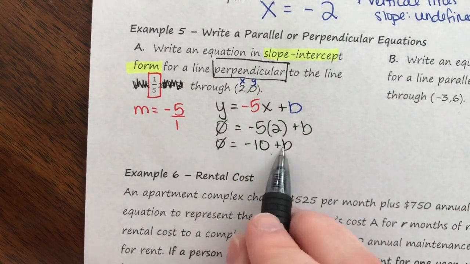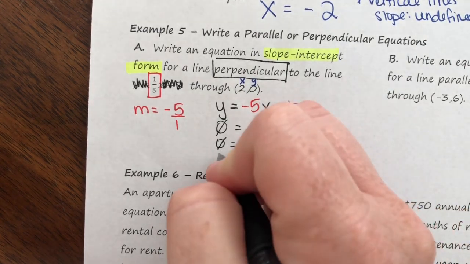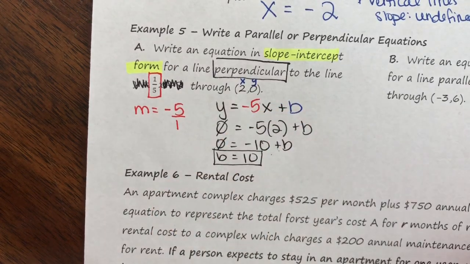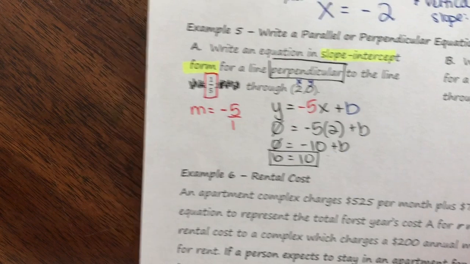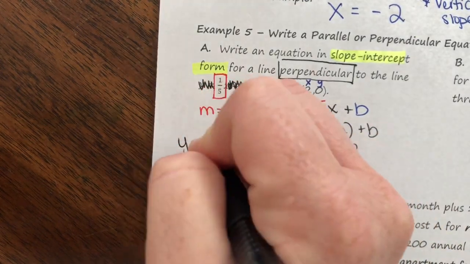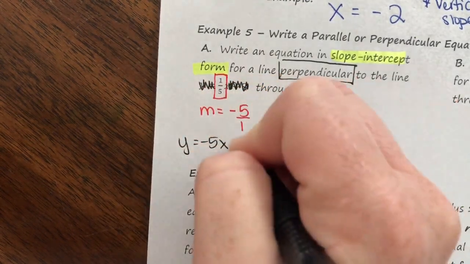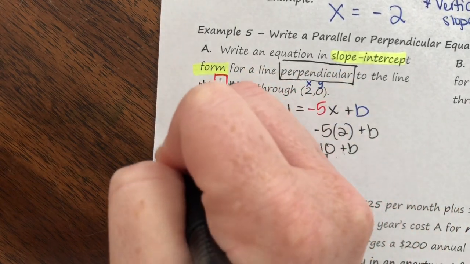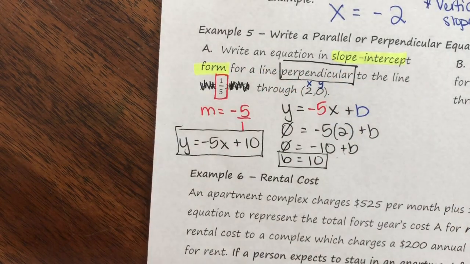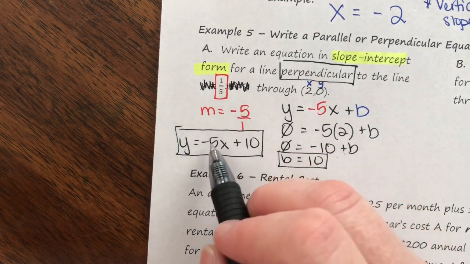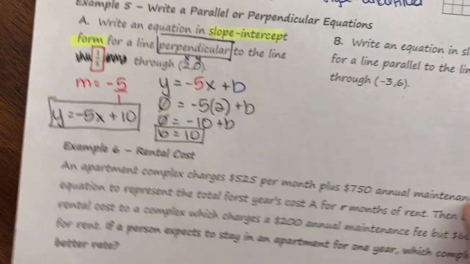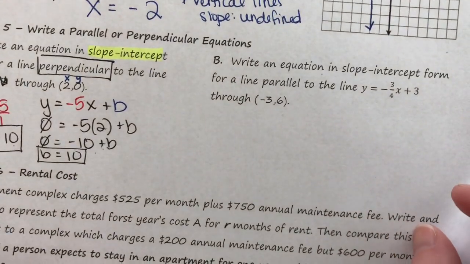I add 10 on both sides of my equal sign. So b equals positive 10. And once I know what b is, I can write my equation: y equals negative 5x plus 10. That's the equation of my line. I had to find the slope first, and then I had to find b. Hopefully you're starting to see the pattern and what we're doing and it's sinking in.